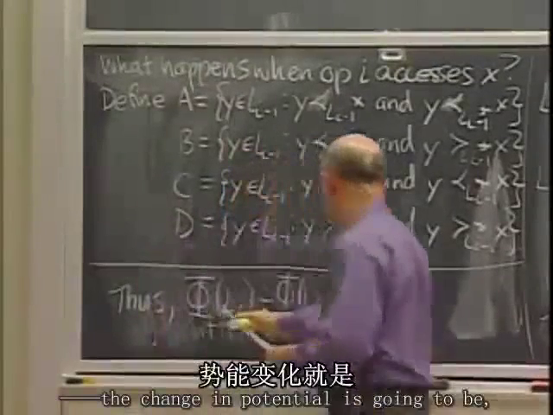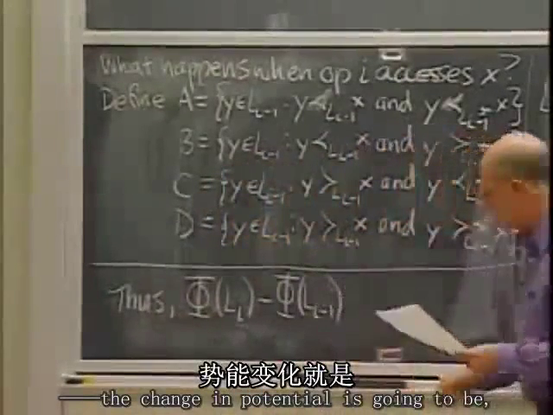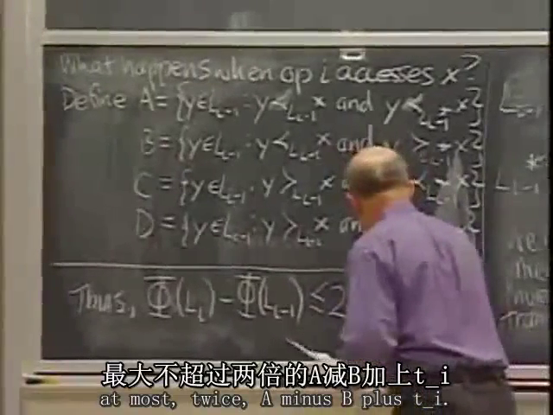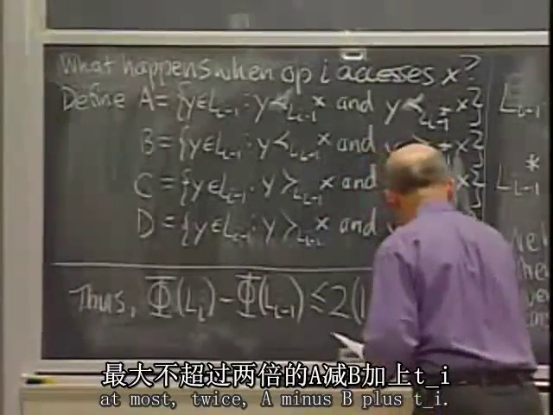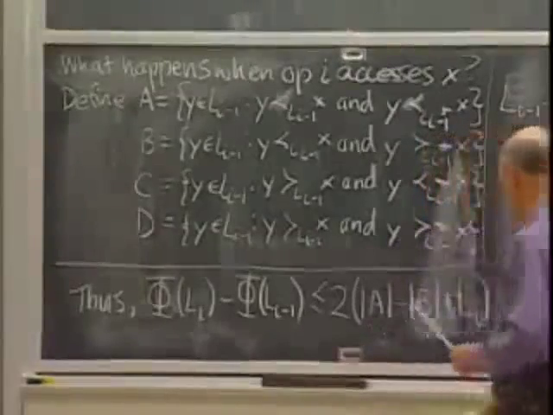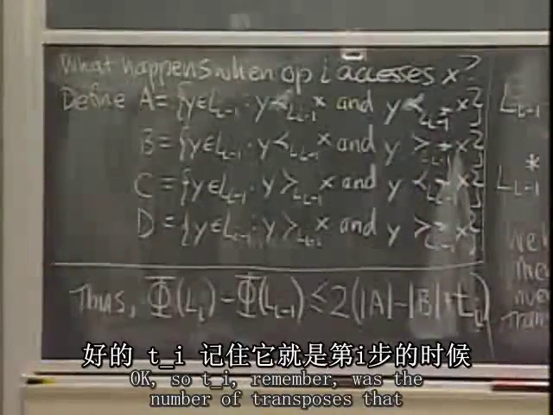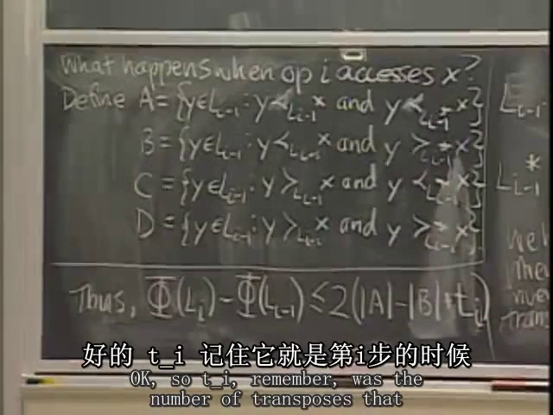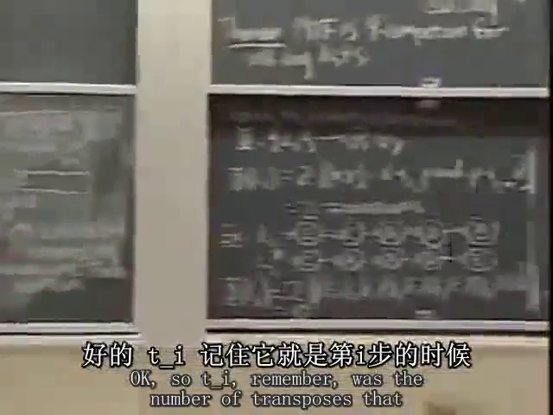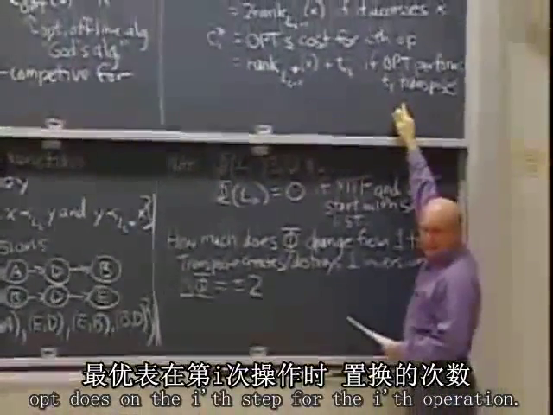Thus, the change in potential is going to be at most twice A minus B plus t sub i. Remember, t sub i was the number of transposes that OPT does on the ith step for the ith operation.